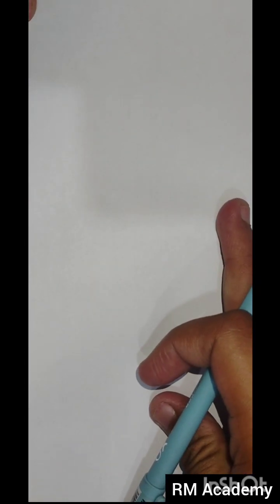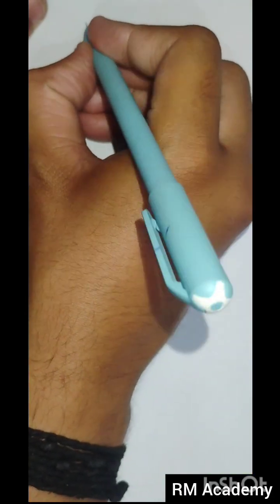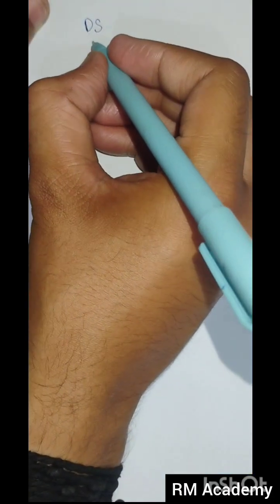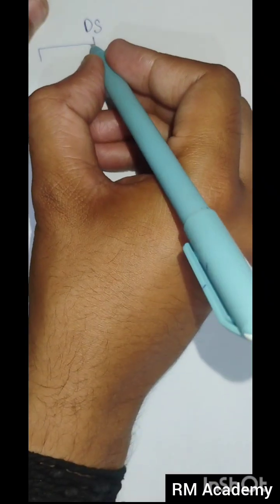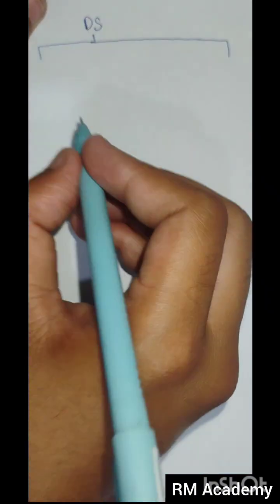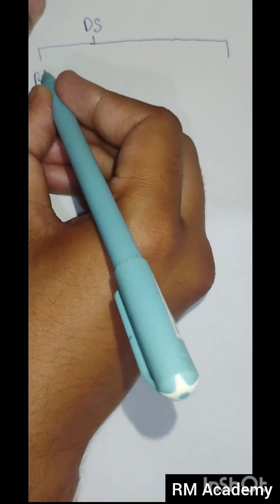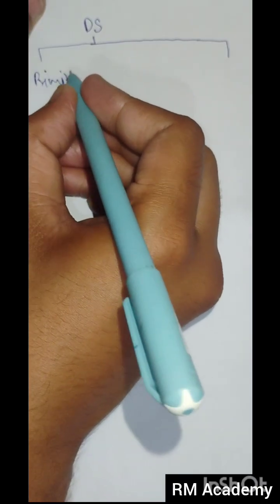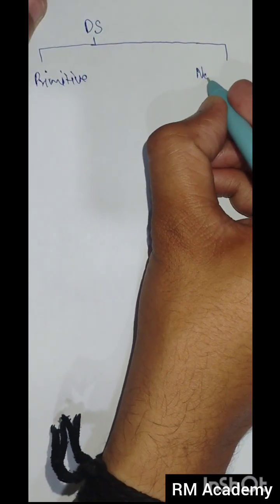Now we will discuss the tree of data structure. Now there are two types of data structure. First is primitive, second is non-primitive.